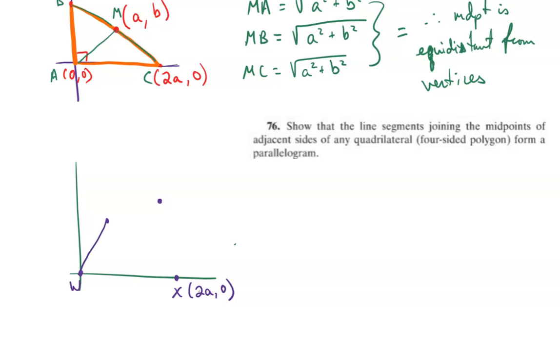And I do need to make sure that my quadrilateral is not already a special type of quadrilateral, like a square, rhombus, parallelogram, or trapezoid, because we're trying to show that this is true for any quadrilateral. So I can't have two sides that are the same. 2A, 0, I'm going to make this 2B, 2C, and this is going to be 2D, 2E. Okay, and unfortunately I do have 5 variables, but we still should be able to get a parallelogram.